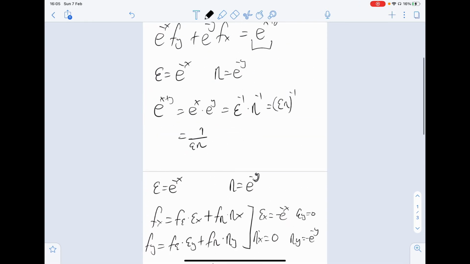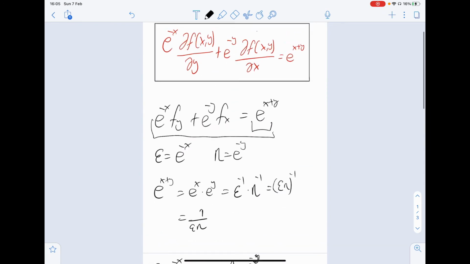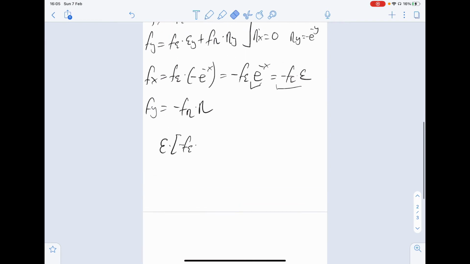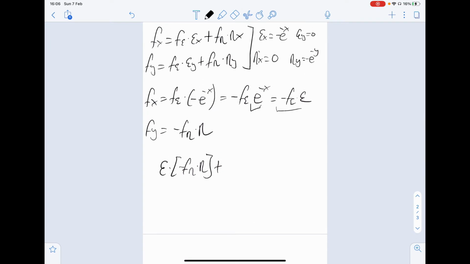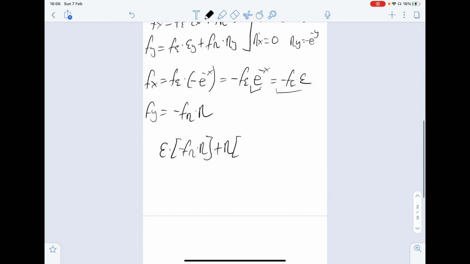So now we're going to substitute this into the original equation. So we can say that epsilon times f sub y, which is minus f sub eta times eta, plus e to the minus y, which is eta, times f sub x, which is minus f sub epsilon times epsilon, equals, like before, 1 over epsilon eta.